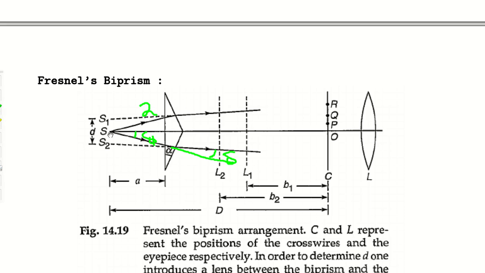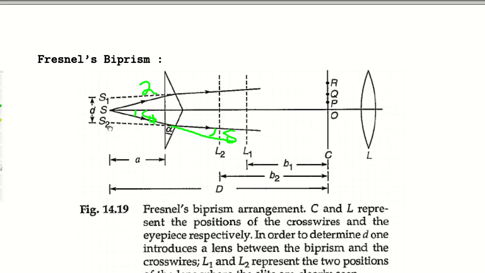So 2 delta is the angle between the two rays which are shown here. So D can be formulated as D equal to a into twice delta. So D, that is the distance between the two coherent sources, can be evaluated by this formula, twice delta into a.